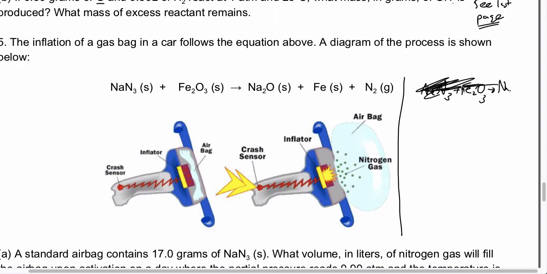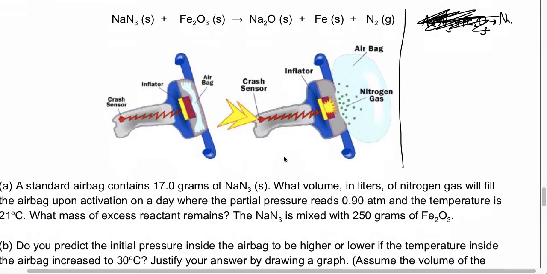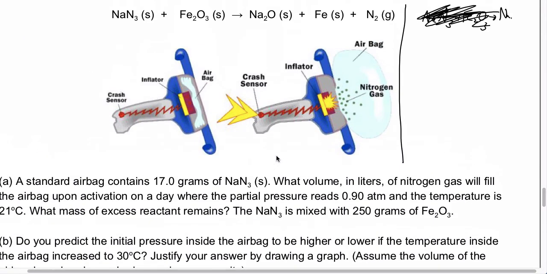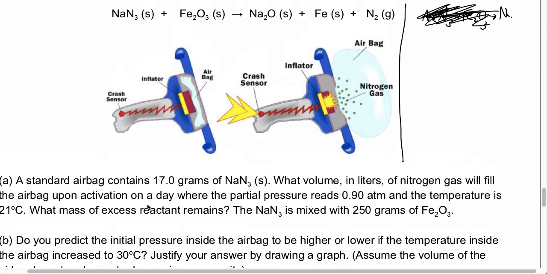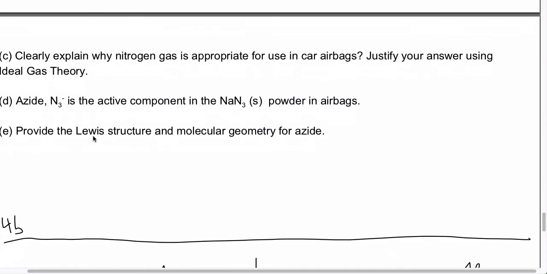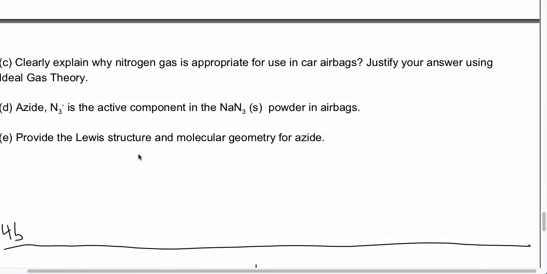Actually, I'm not going to do it there. Where am I going to do it? Let's just look at it first. So what mass of excess reactant remains? What volume of nitrogen gas is produced? And what mass of excess remains? All right, so let's go ahead and do this problem. I'm going to do it here.